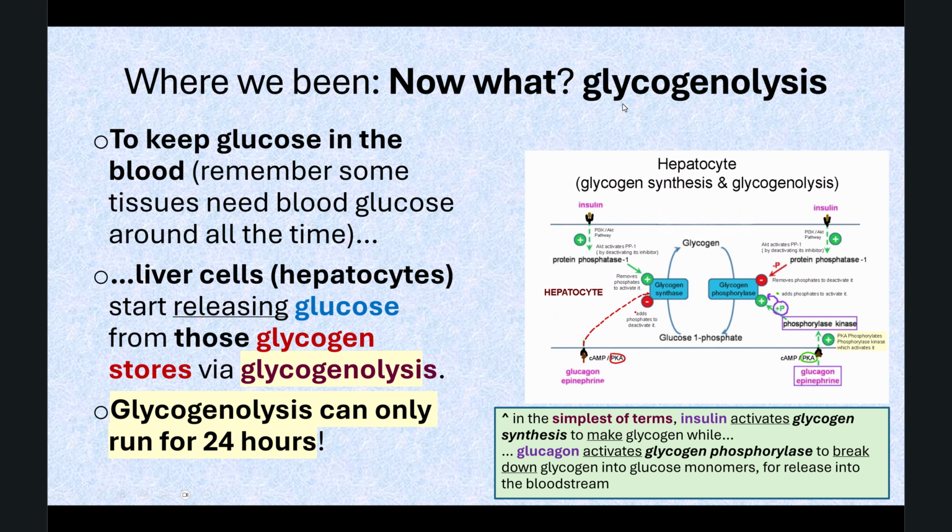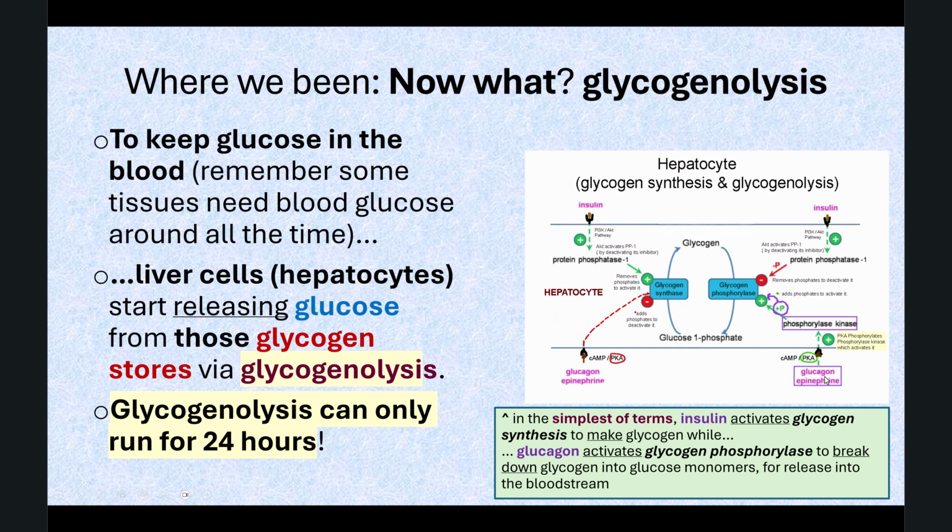Well, it comes from that stored glycogen that we just made in the glycogen synthesis step. Now we just reverse that, but there is a different enzyme. When glucose levels fall after 4 hours, insulin is no longer around to do anything. And so now we have our friend glucagon around at times when insulin has dropped.